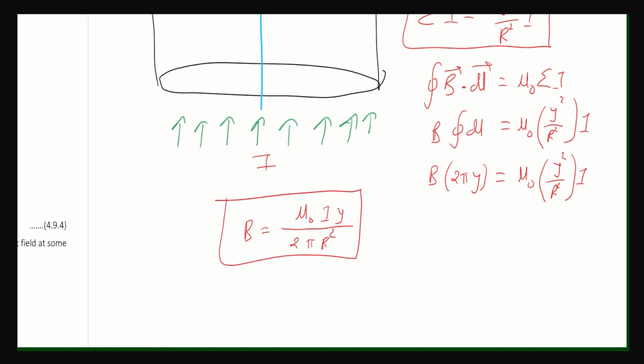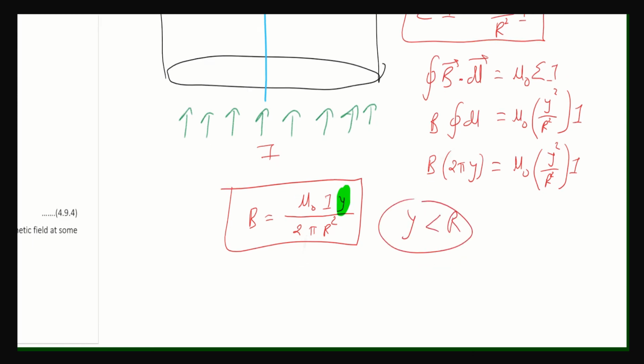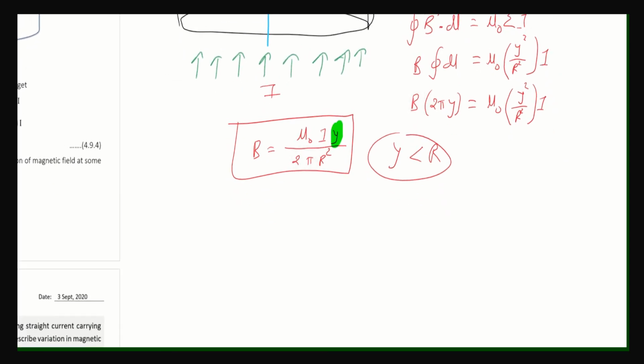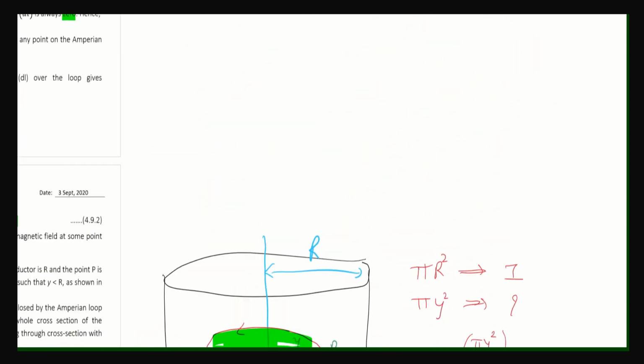This is the expression for the magnetic field at some point inside, at y distance from the axis, where y is less than r. Okay, so now we have two expressions for the magnetic field due to a straight wire.